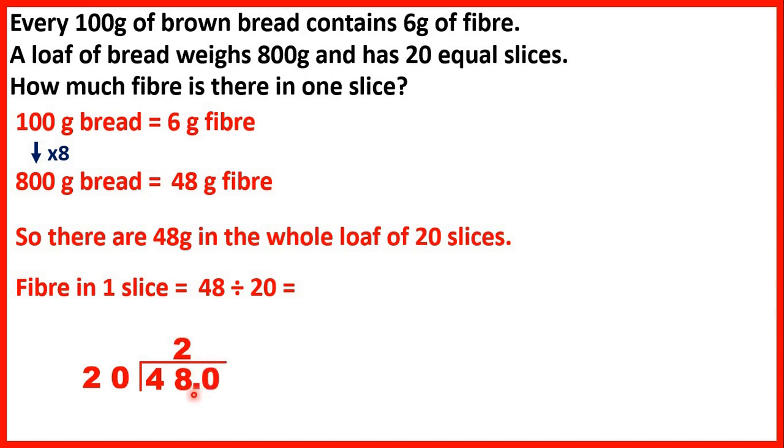So we need to extend with a 0.0, copy up our decimal point, and then we can write our remainder 8 in front of our tenths digit. And now 80 divided by 20 is 4, because 4 times 20 is 80, so that's 2.4 grams of fibre in one slice.